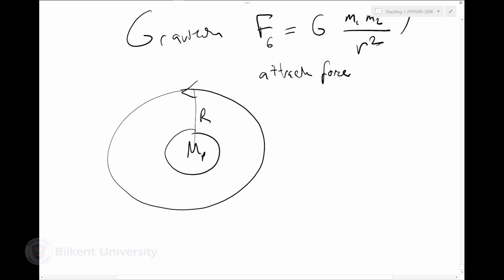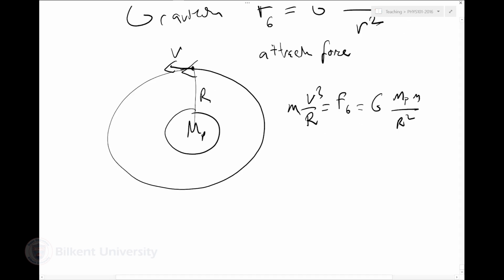For a circular orbit, what do we know? I can easily find the velocity required to go around this orbit. Why? Because if I'm moving at velocity v, m v squared over r must be equal to F_g, which is G m_planet m over r squared.